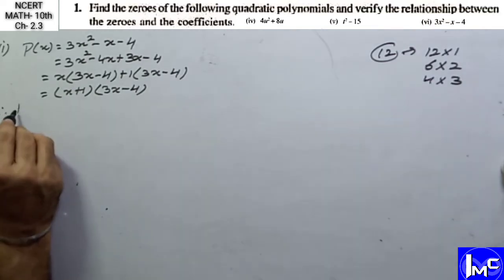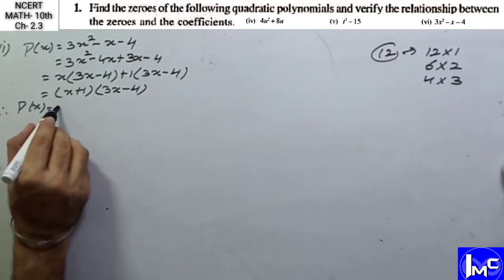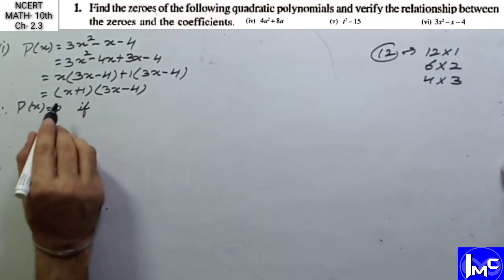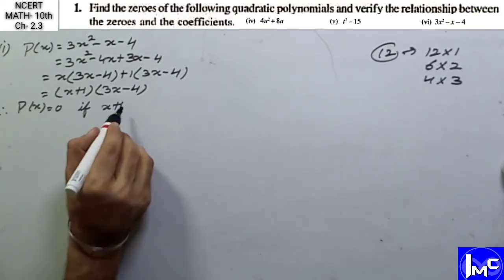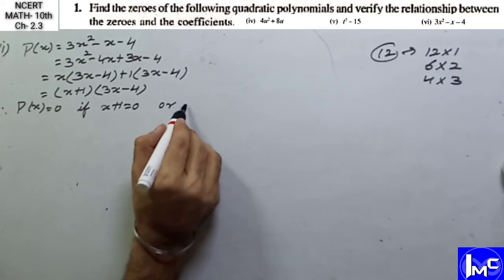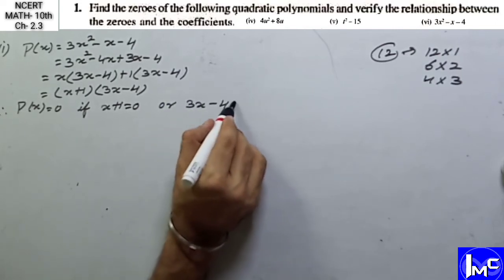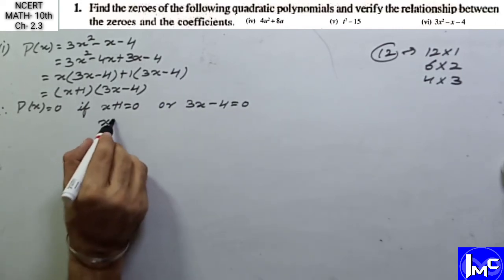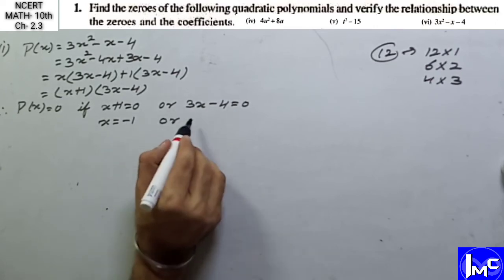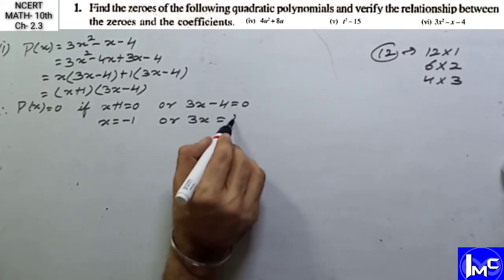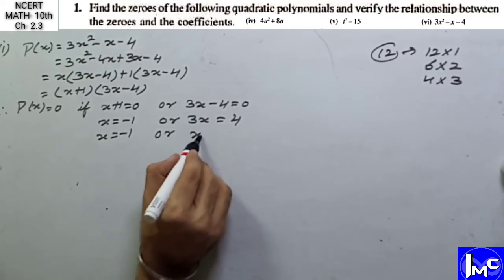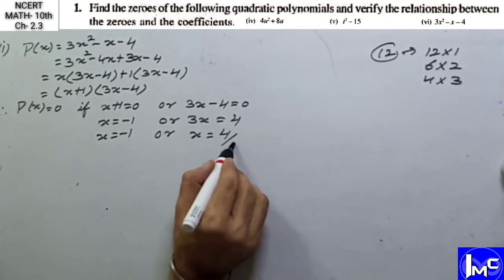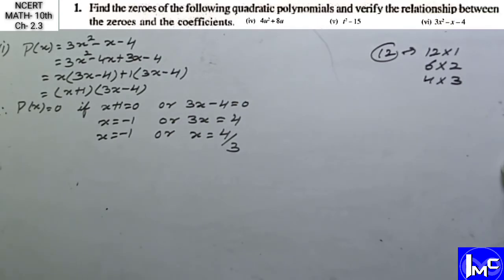Therefore p(x) is equal to 0 if these two factors are 0. x plus 1 is equal to 0, or 3x minus 4 is equal to 0, x is equal to minus 1, or 3x is equal to 4, x is equal to 4 by 3, 3 is divided to 4.